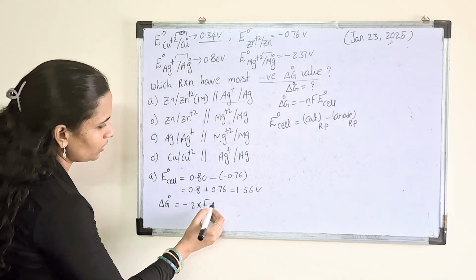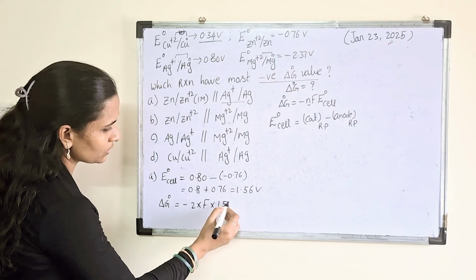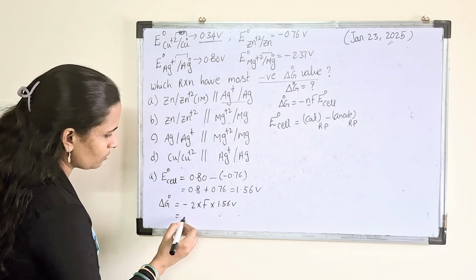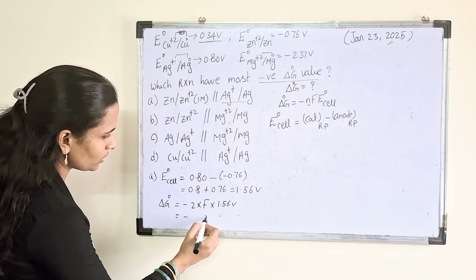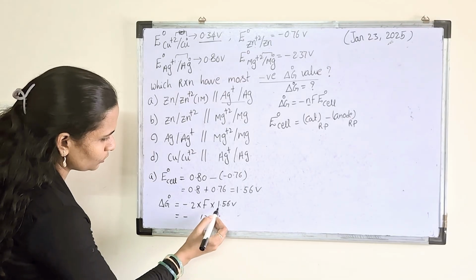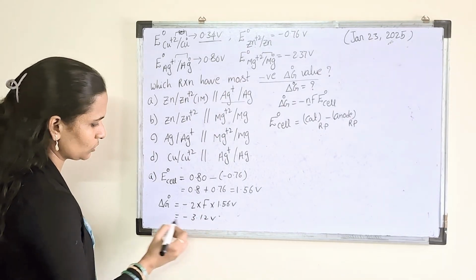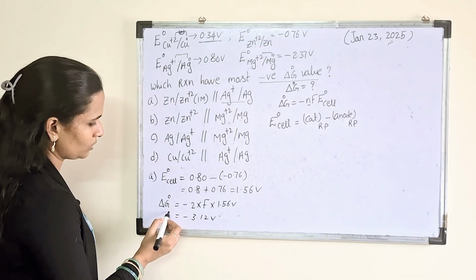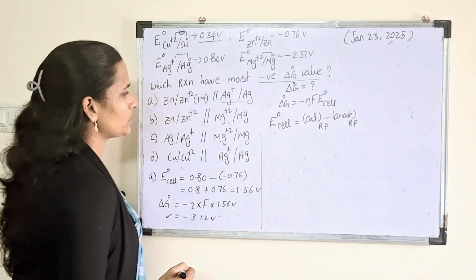Next, E naught cell for the first equation is 1.56 volts. So this is minus 2 into 1.56: 2 sixes are 12, 2 fives are 10 plus 1 is 11, and 2 ones are 2, giving 3.12 volts. So this is the delta G naught for the first equation. Now calculate the delta G naught for the second equation.